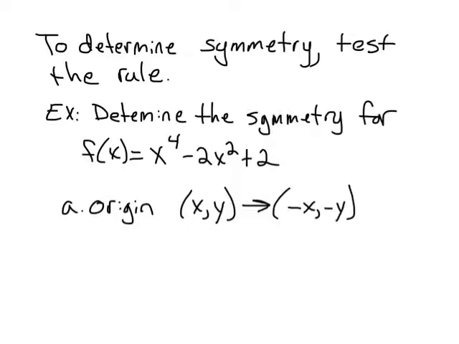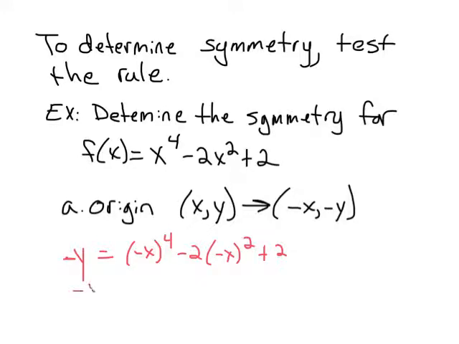Instead of x to the fourth, it's going to be negative x raised to the fourth power minus 2 times negative x squared plus 2. On the other side, I'm going to replace f of x with negative y, since that's originally y. When I simplify everything, I need to come up with the same expression as the original for this symmetry to work.